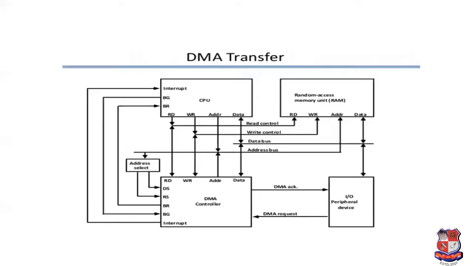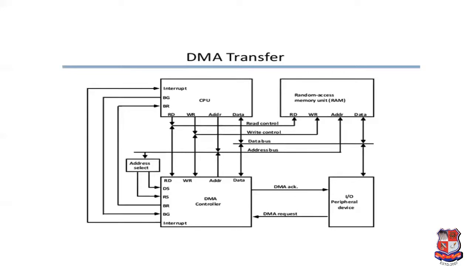DMA transfer is shown in this figure, where the BG and BR signals, that is bus grant and bus request signals, are connected with the read, write, address bus and data buses. The DMA controller has its own signals DS, RS, BR, BG and interrupt. It is connected with IO peripheral devices using two lines, DMA request and DMA acknowledgement.